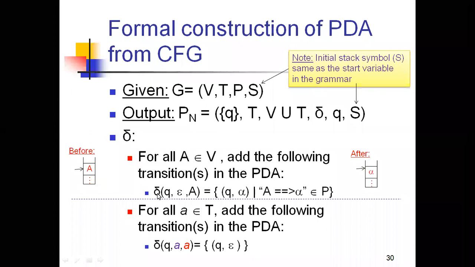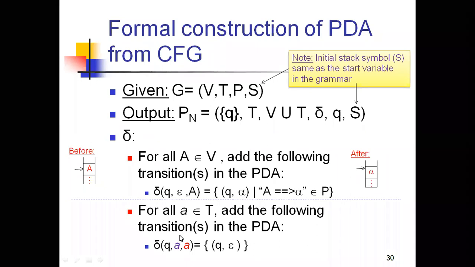When the transition function delta of q comma epsilon comma A is q comma alpha, you get the alpha from the production defined for the variable A. So we have a production like A tends to alpha. The right hand side of the production is substituted in the place of the variable A, right?